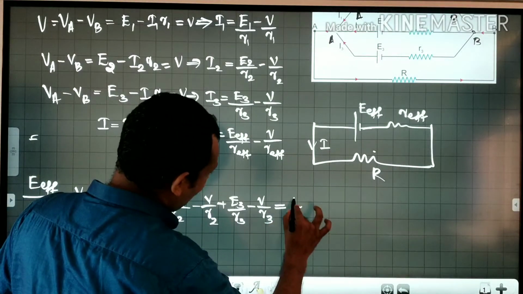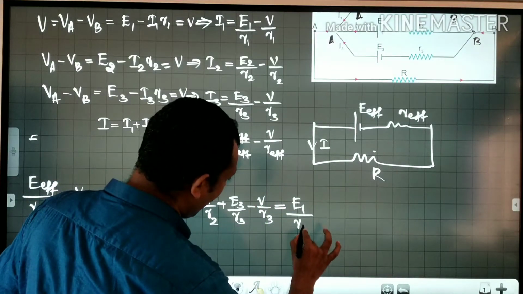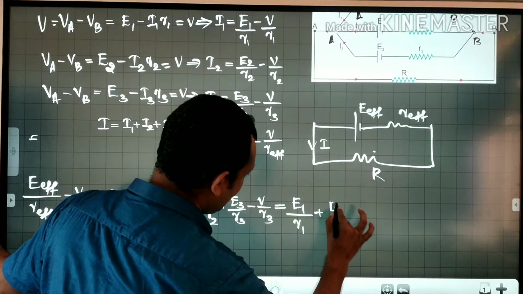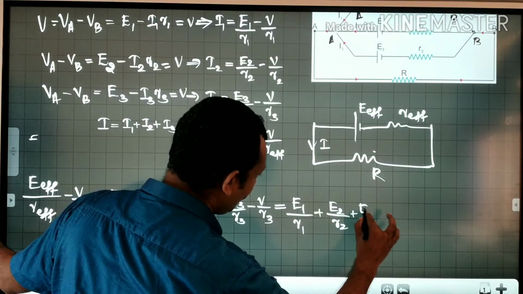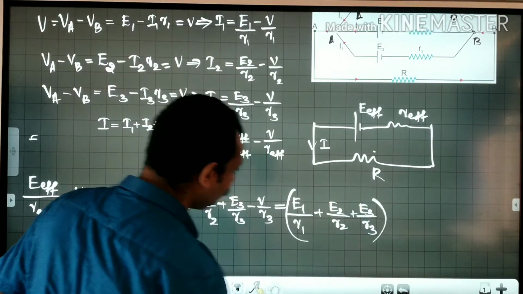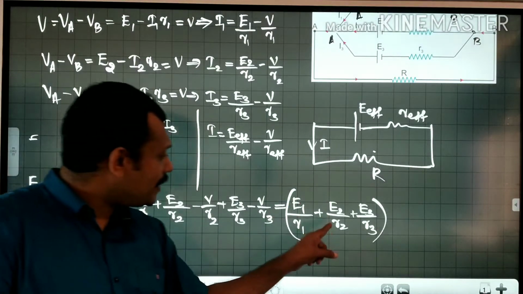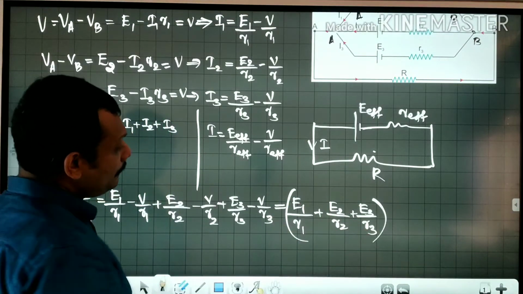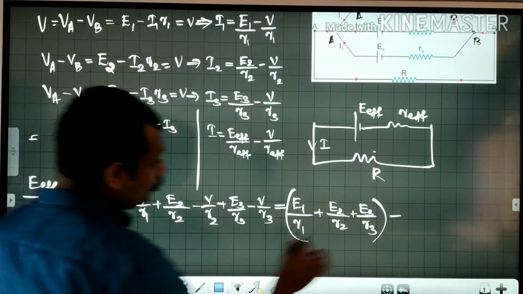That is equal to what? I am just rearranging. E1 by R1 plus E2 by R2 plus E3 by R3, minus, what else?